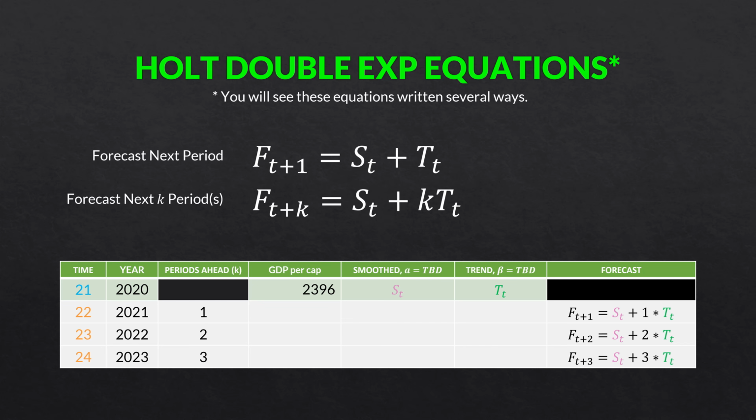So if we look at the forecast for 2021, it's just f sub t plus 1 equals s sub t plus 1 times t sub t. Of course, we would not write the 1, therefore it's just s sub t plus t sub t. If we want the forecast for 2022, we just take whatever we got for t sub t up there at the top and multiply it by 2. And for 2023, we multiply it by 3. So we're just continuing that t sub t trend, that smooth trend, forward in time.